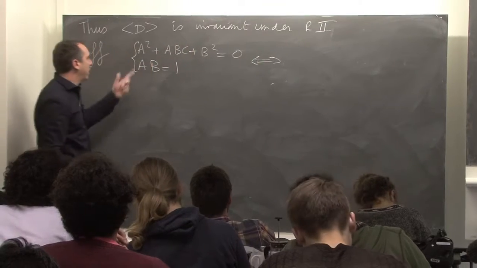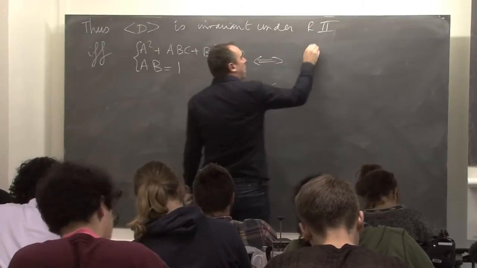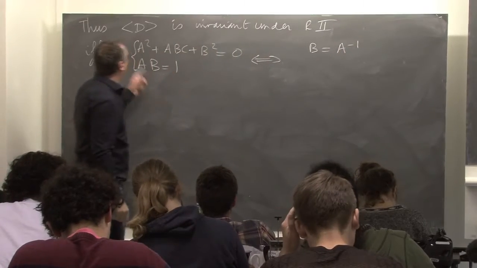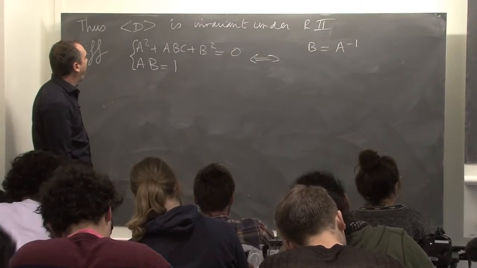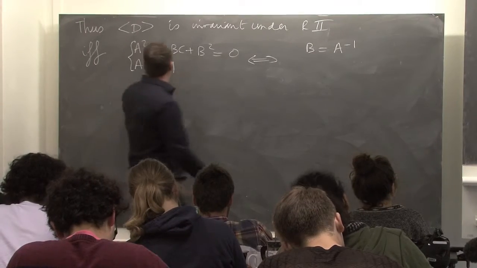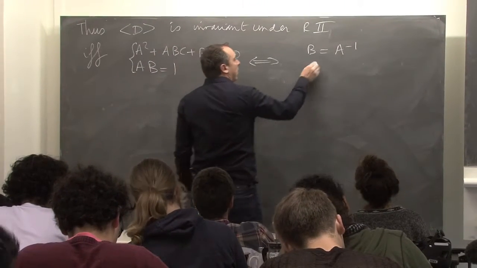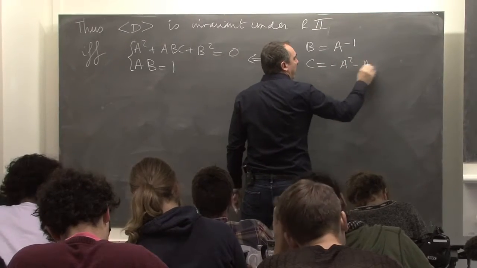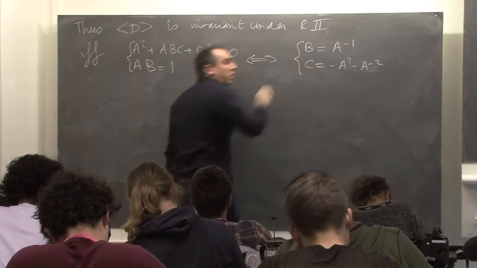So we can rewrite this as B is A inverse and C, so AB is 1, so C is minus A square minus A minus 2.